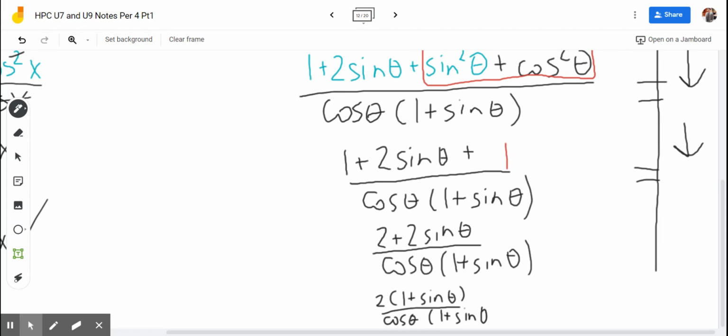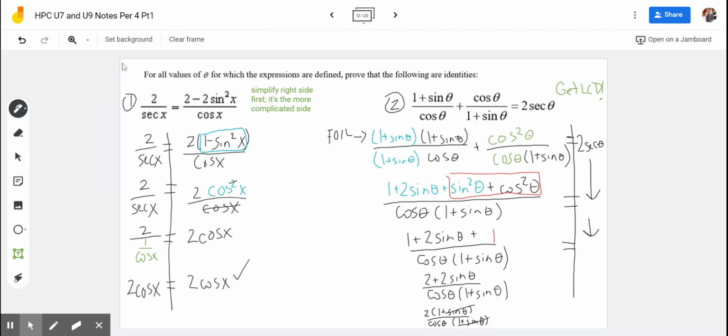And you're like, ooh, I can cancel that out. And then 2 over cosine, right? Because remember, secant is the reciprocal of cosine. 2 over cosine, we can rewrite as 2 secant theta.